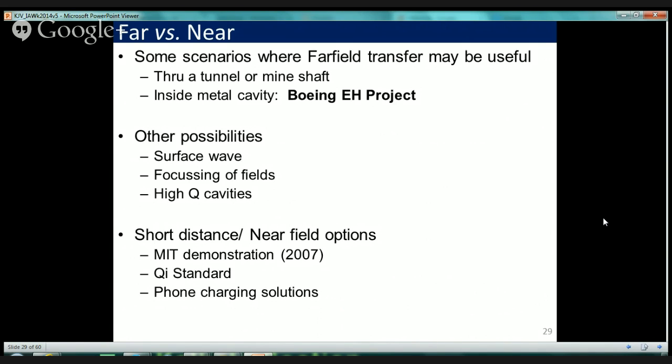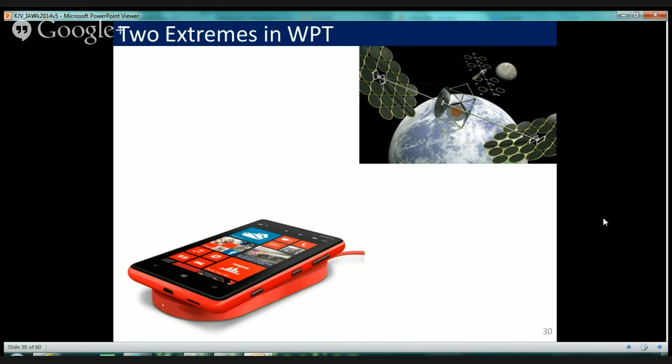So if you compare these two, I was just thinking about that, several interesting extremities. This works in the order of milliwatts, the phone charger, with transfer distances of the order of millimeters, whereas on the other end, it is in the geosynchronous orbit, therefore thousands of kilometers apart.